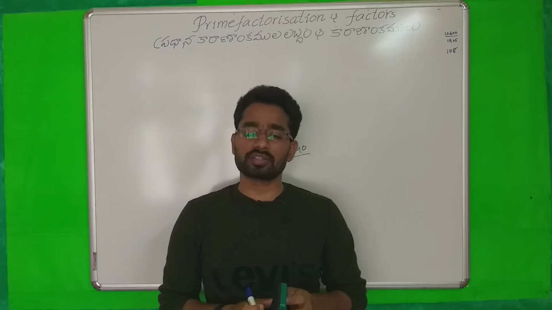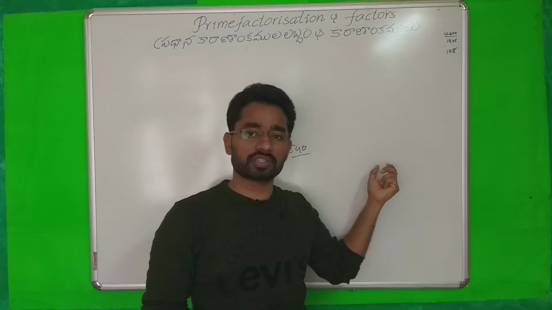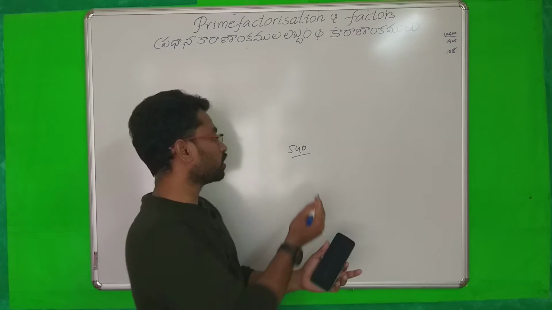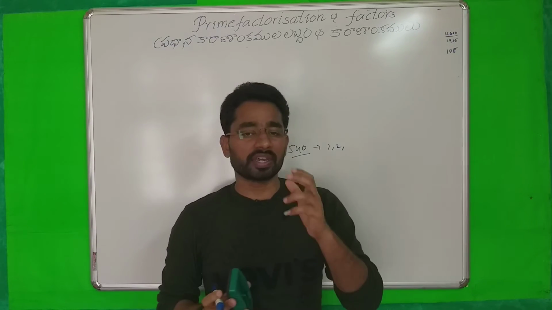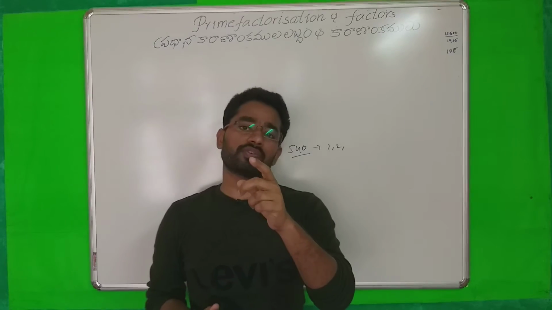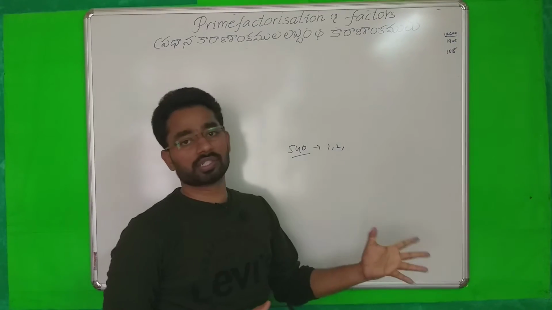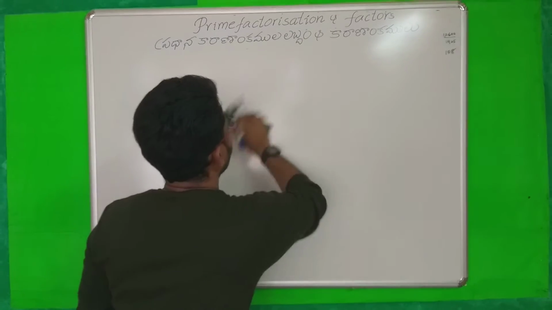He may ask in the exam the number of factors of 540, number of divisors of 540. If you check like 1, 2, 3 and so on, it takes so much time; you can't write the factors of 540 that way. If you know prime factorization, you can write factors easily. So watch this class, you can learn easily.